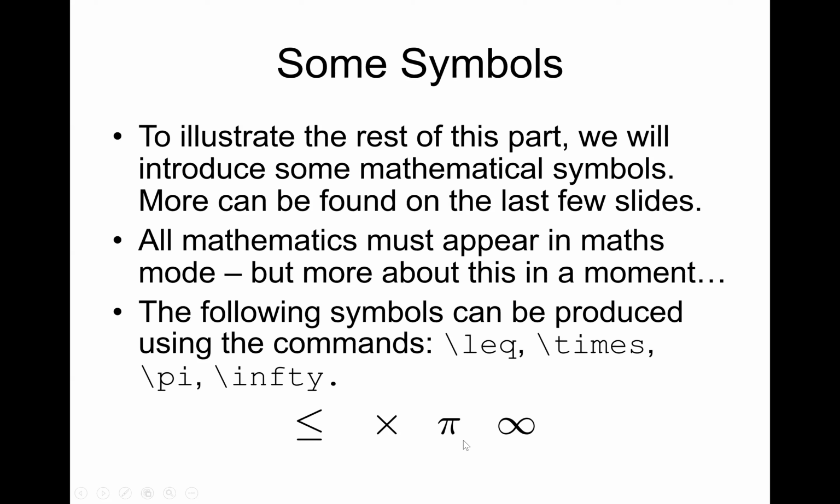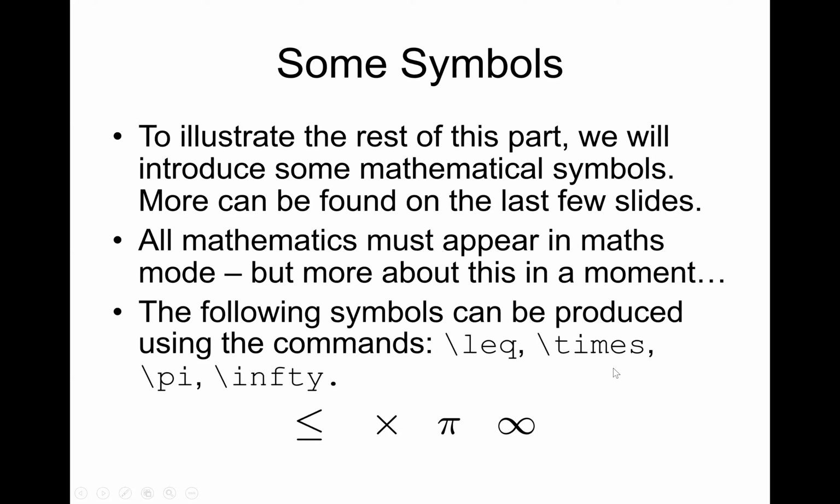If you want to type something like pi or infinity, as we normally use in mathematics, you don't see these things on the keyboard, but you can get them. So these are the commands that you're going to use. For less than or equal to, you type a backslash to indicate that it is a command, and then l means less, then eq means equal, so less or equal.